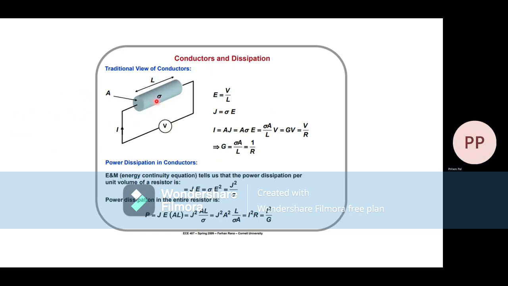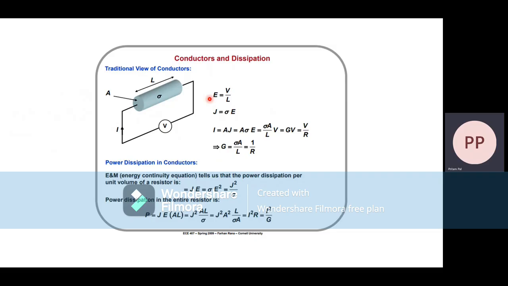The electric field developed because of the applied voltage is E equals V over L, and the current density is J equals sigma E, from Ohm's law, as you know. The current is the area multiplied by the current density, which is the number of charge carriers flowing per unit time. That is called the current.